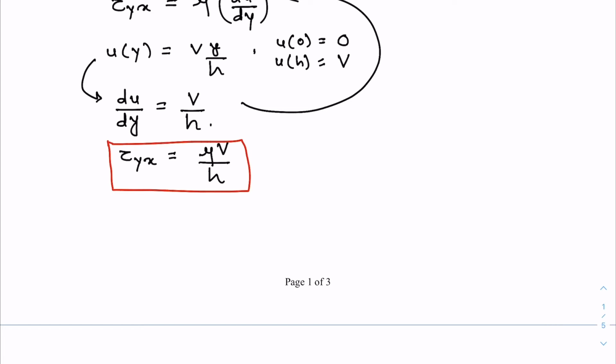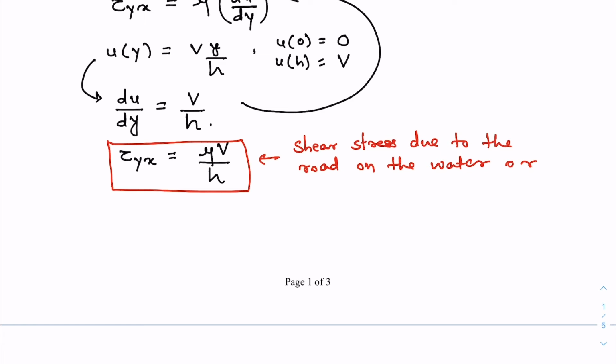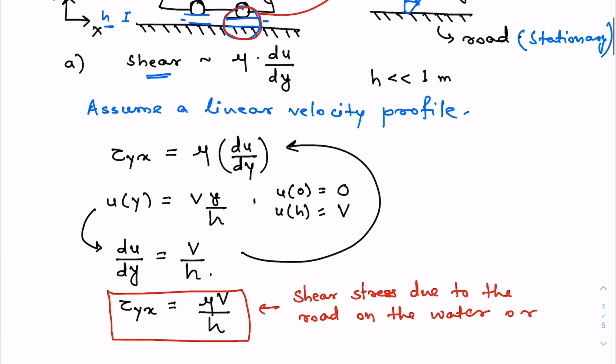But remember, this is the shear stress due to the road on the water, or, since we have a linear profile, the velocity gradient is the same everywhere.